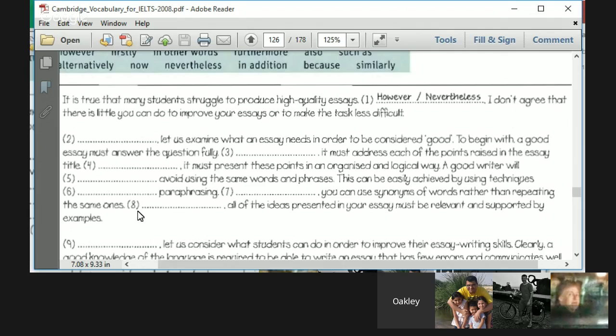All of the ideas presented in your essay must be relevant and supported by examples. I don't like any of the choices.